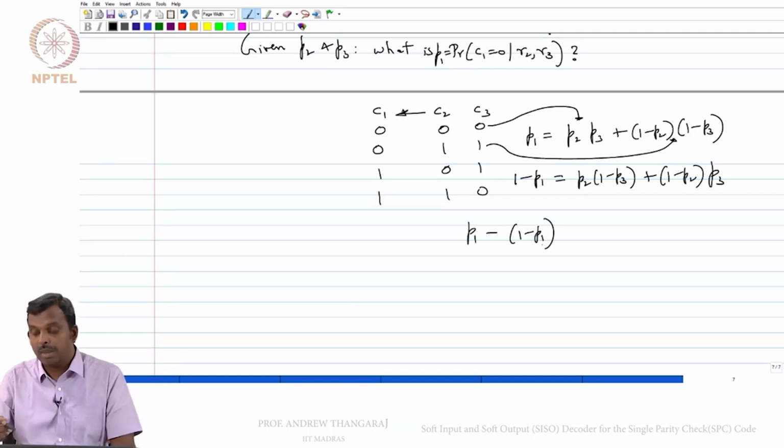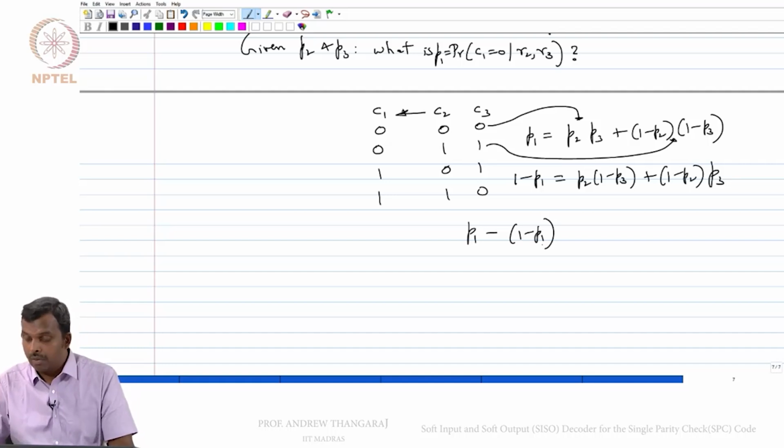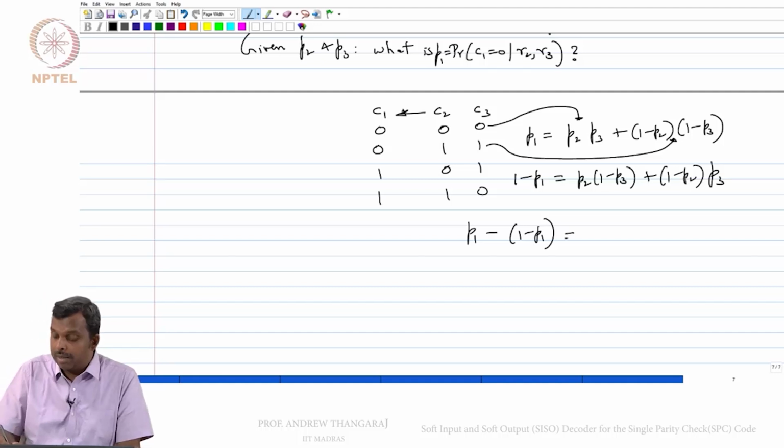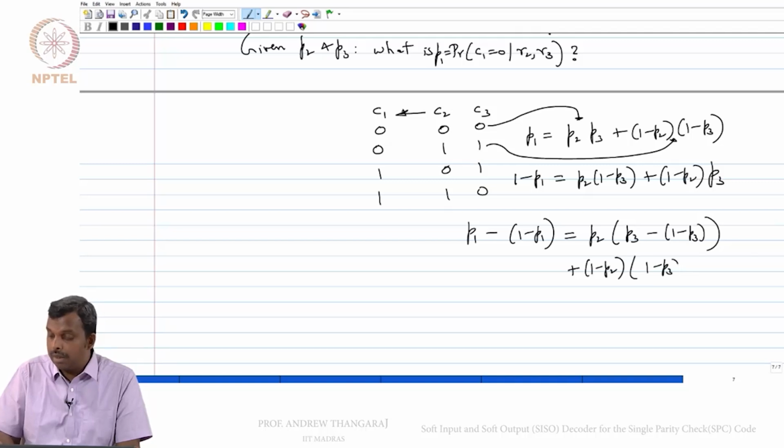Okay. So, I am going to subtract these two, and when you subtract these two, you will get this product. You will get P2 times P3 minus 1 minus P3 plus 1 minus P2 times 1 minus P3 minus P3, right.